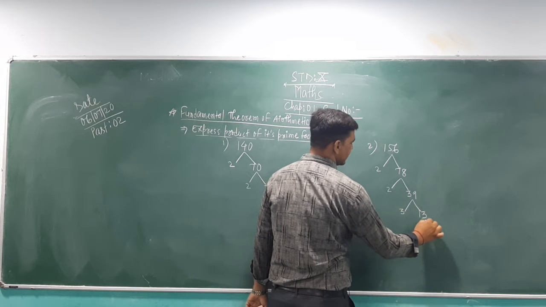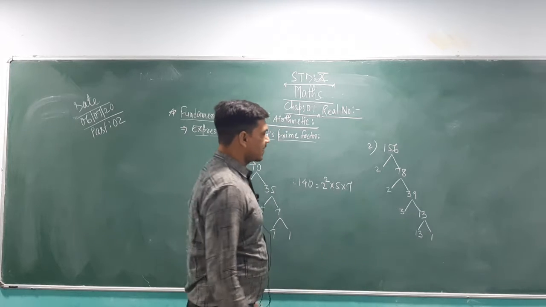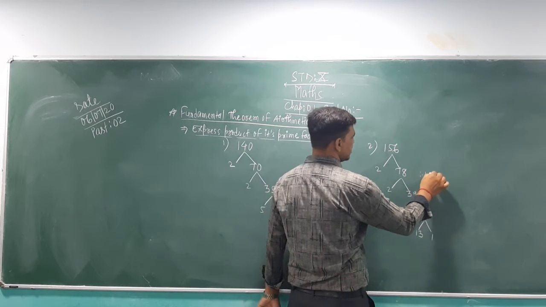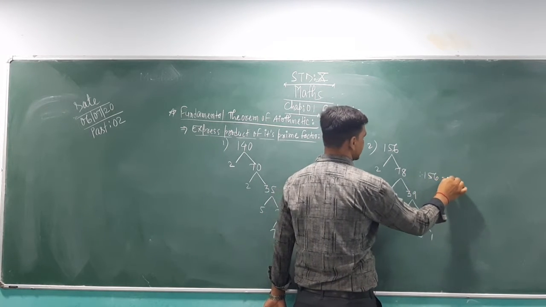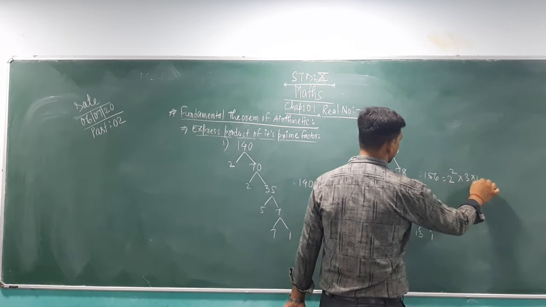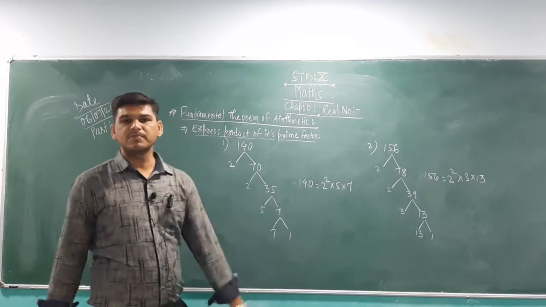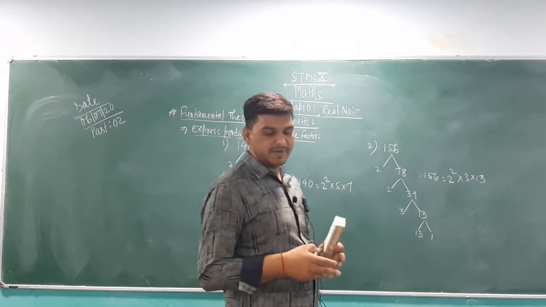And 13 divided by 13, 13 ones are 13. Right? So what are the prime factors of 156? Prime factors of 156 equal 2 squared times 3 into 13. Right? So using this form, we can convert a number into its prime factors.